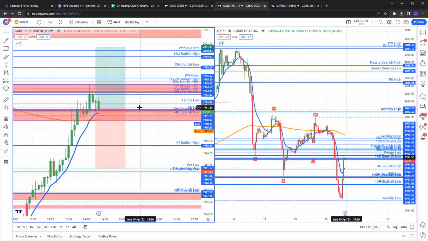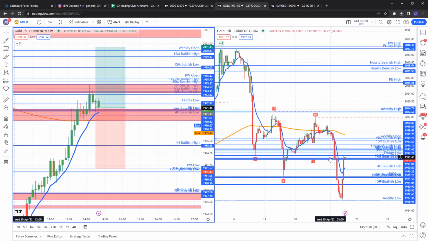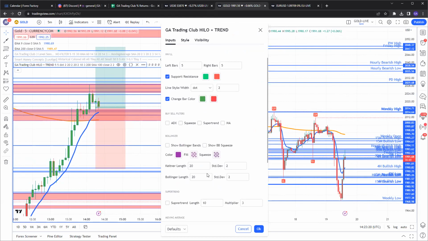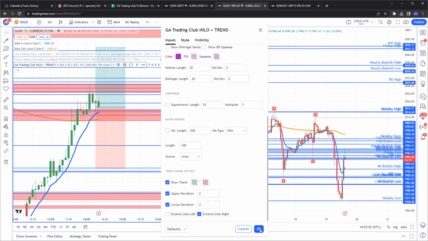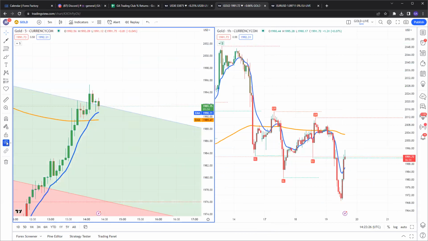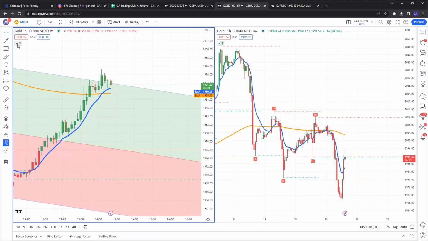All right, so the trade is back around break even. Let's see also the hourly trend line right there. Okay, we are still in a bullish channel for gold, so that is good.